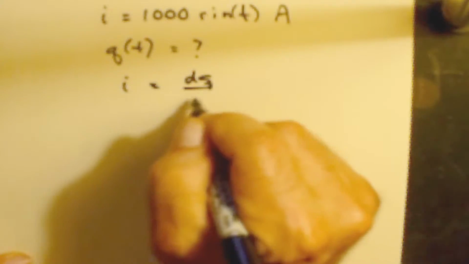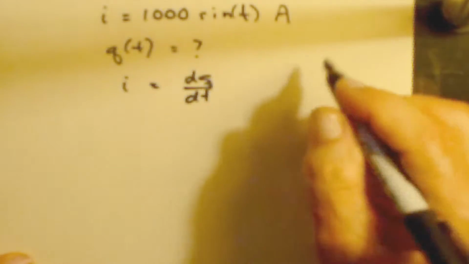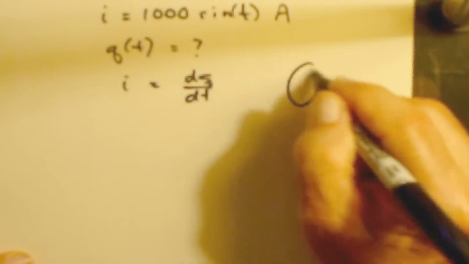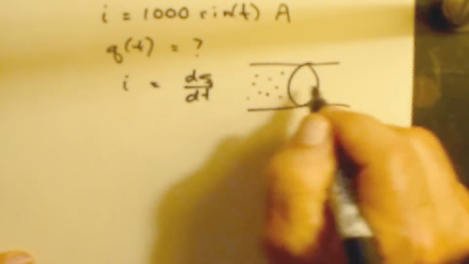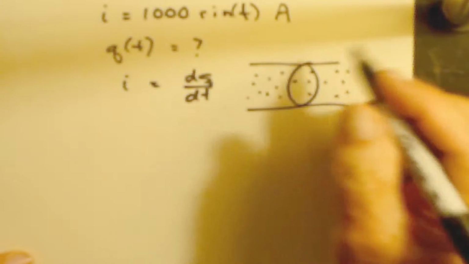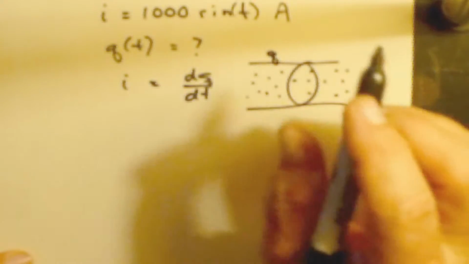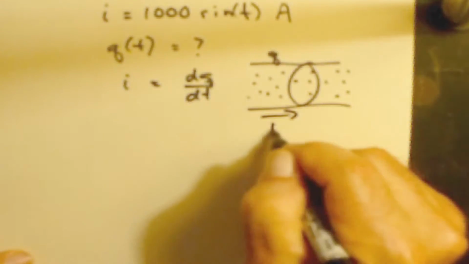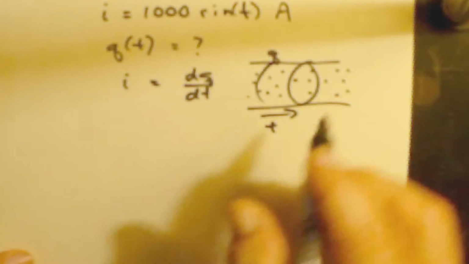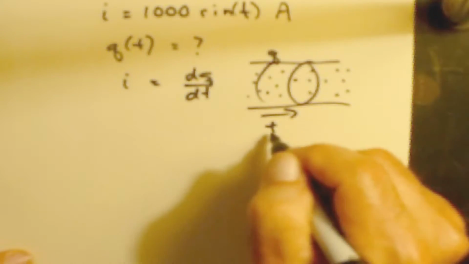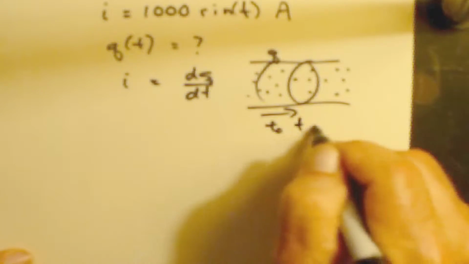So this expression, we know that I is equal to dQ/dt. Of course, what does that mean? That means that we have, perhaps you can describe it as a surface, a bunch of charges moving through a tube through this surface right here, and all these are the charges Q, and of course they pass through in a time T. So this is the number of charges that pass from, say, T0 to T1, right?